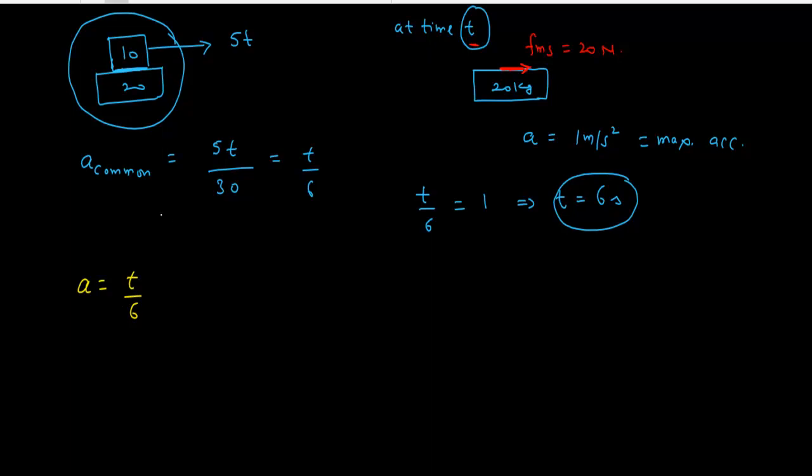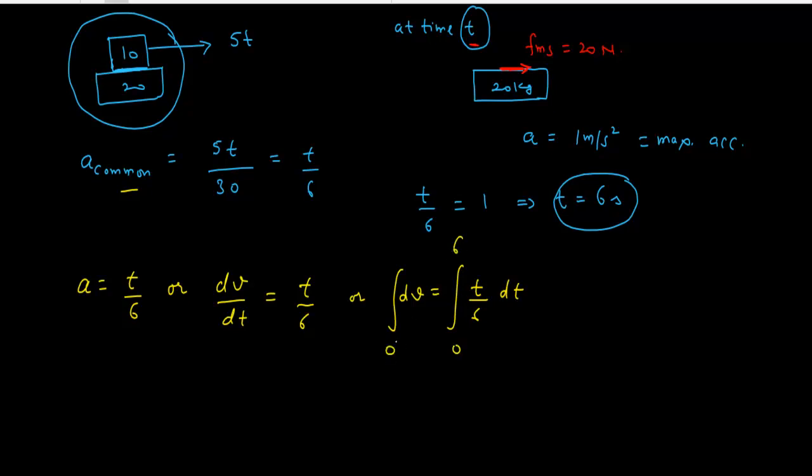So you can write dv by dt is equal to t by 6, or dv is equal to t by 6 dt, and integrating both sides, taking the limit from 0 to 6 seconds, velocity is 0 to v, and that v is common.